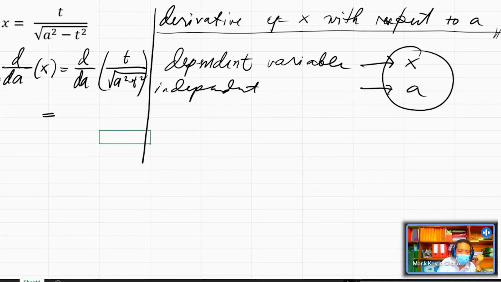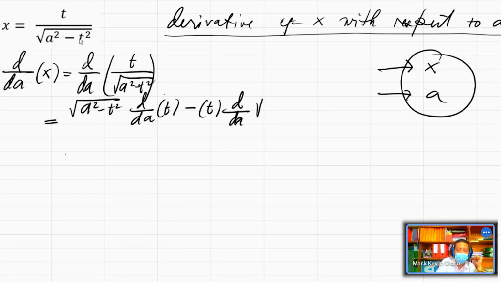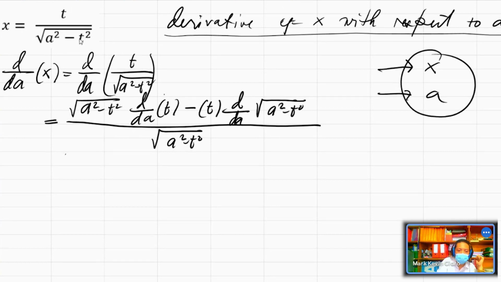The formula is: the denominator a squared minus t squared, times the derivative of the numerator with respect to a, minus the numerator times the derivative of the denominator, which is the square root of a squared minus t squared, all over the denominator squared.